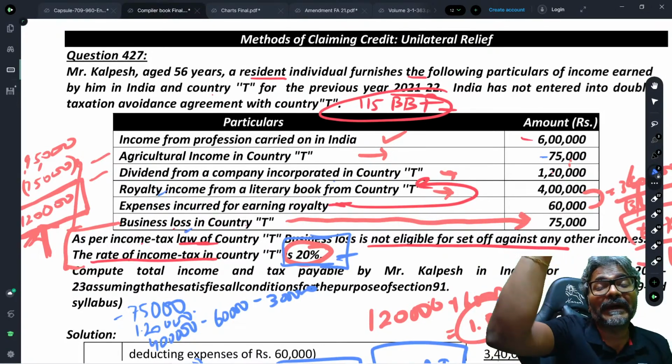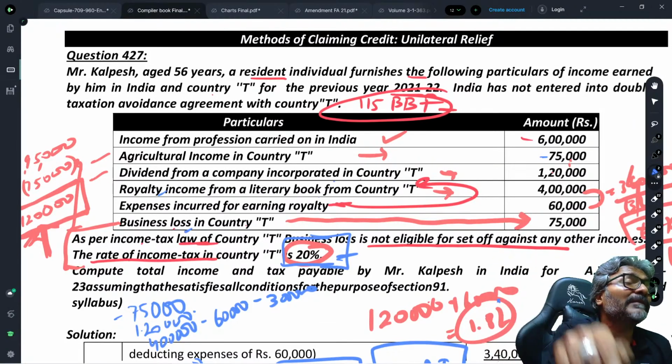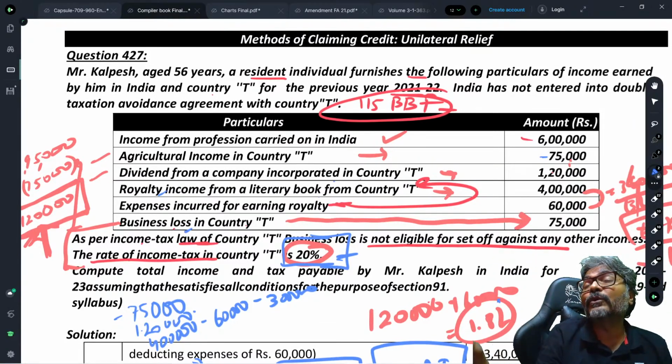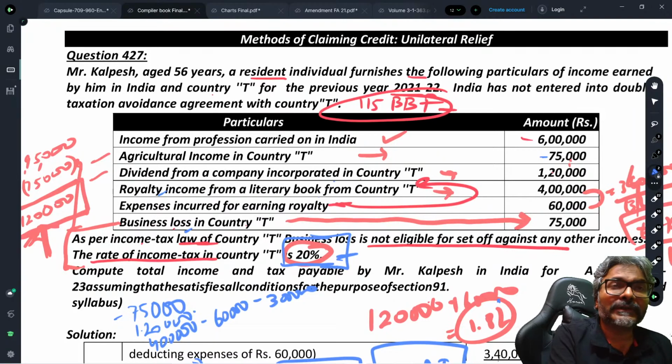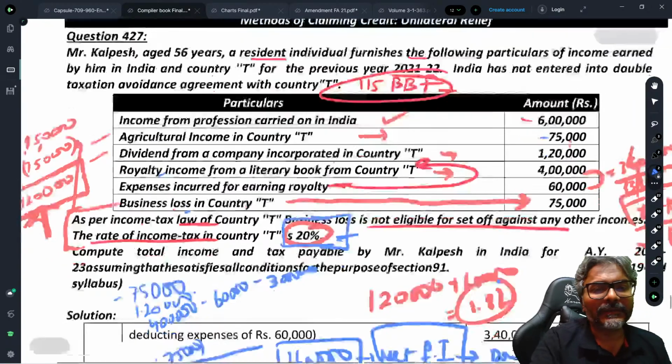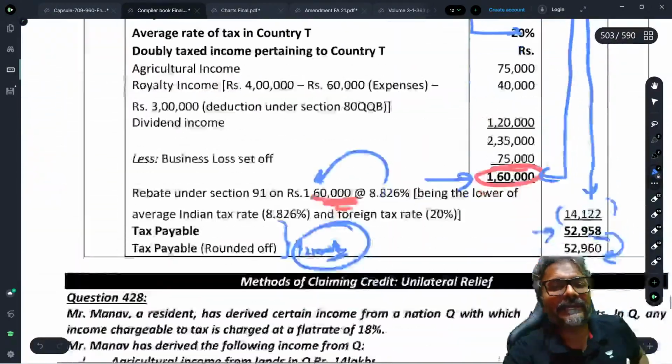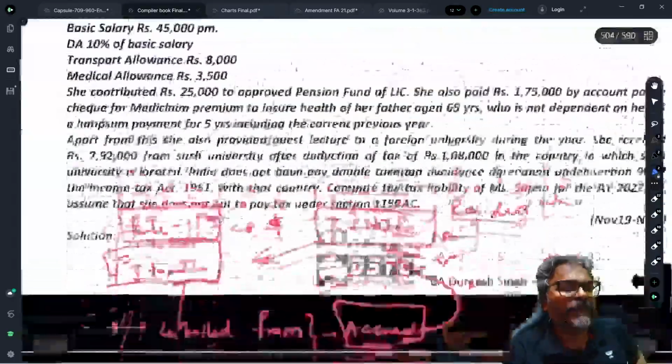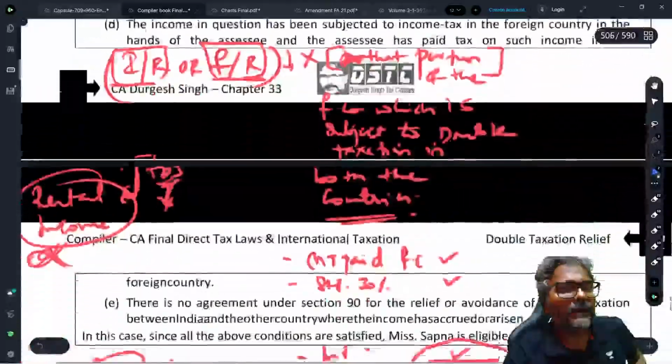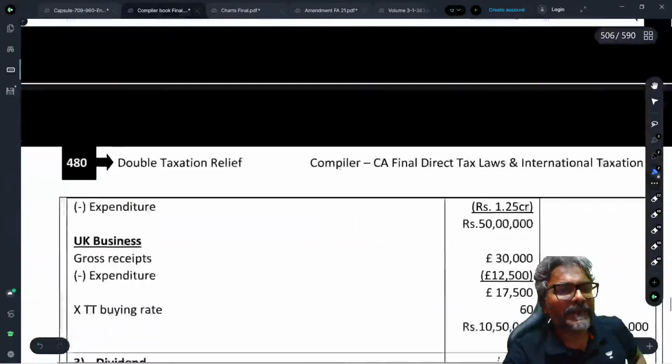The rate applicable in that country will be compared with the Indian rate, and the lower of the 2 will be applied on that portion of the foreign income. Similarly, you will do the same calculation for the other foreign income as well. I hope every one of you is clear with this for now. No confusion whatsoever, students. So we are done with the practical also.